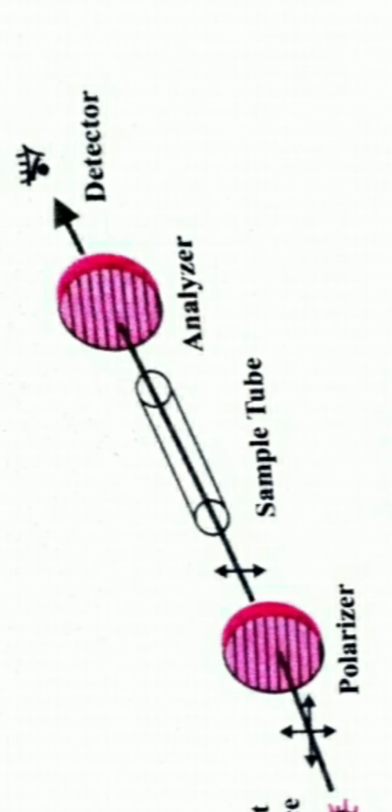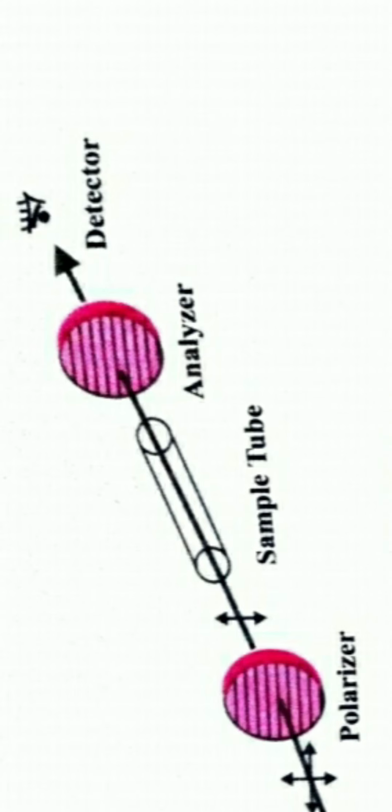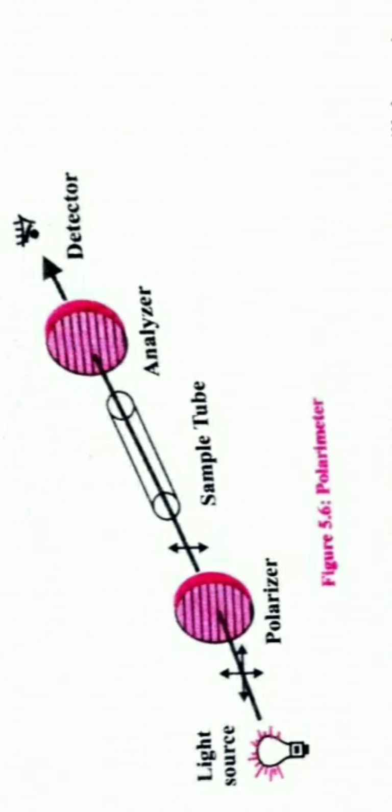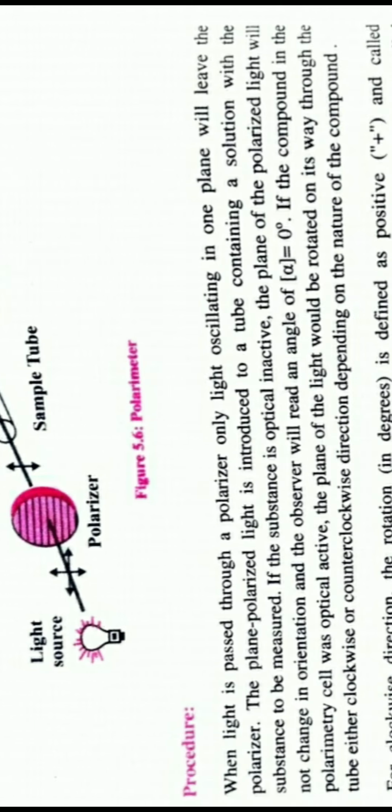Now when that unidirectional ray passes through the sample tube, if the sample placed in the sample tube is optically active, it rotates the analyzer, and due to that rotation the detector measures whether it is levorotatory or dextrorotatory.